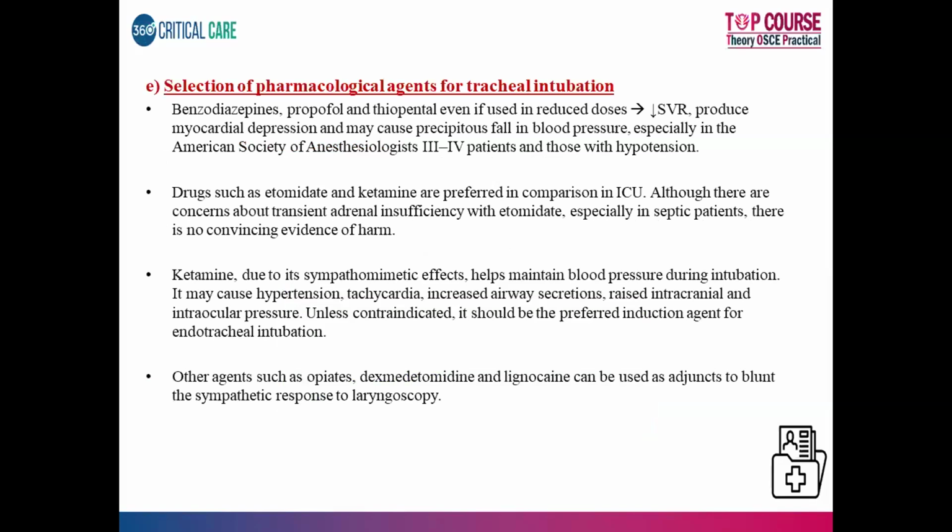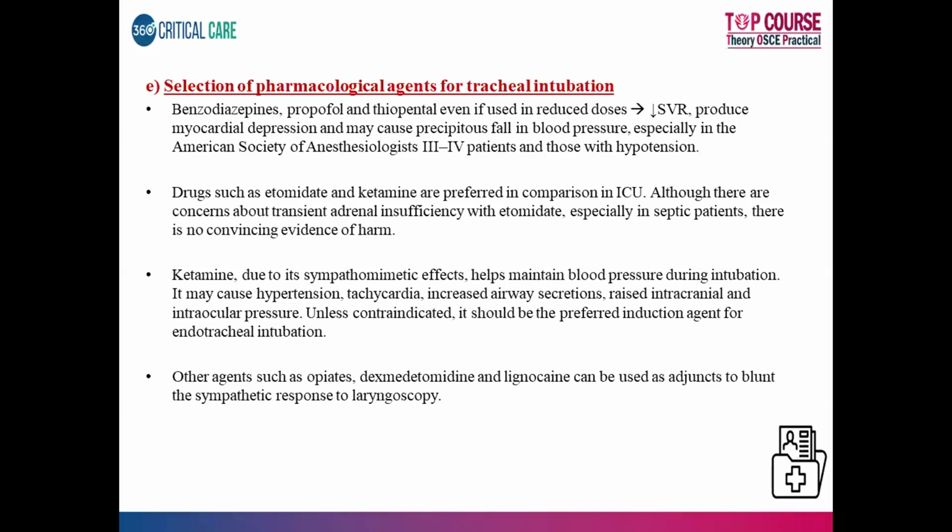Now, selection of the pharmacological agents. Benzodiazepines, propofol and thiopental, even if used in reduced doses, especially in ICU patients, lead to decreased systemic vascular resistance. They produce myocardial depression and may cause a precipitous fall in blood pressure, especially in ASA 3 to 4 patients and those who already have hypotension, especially septic patients.